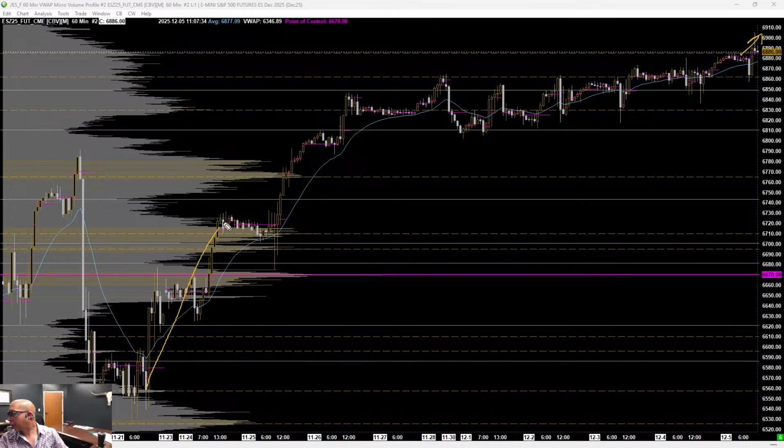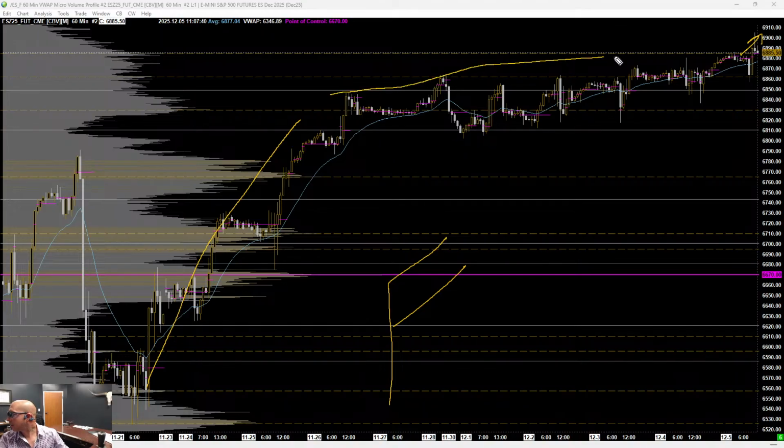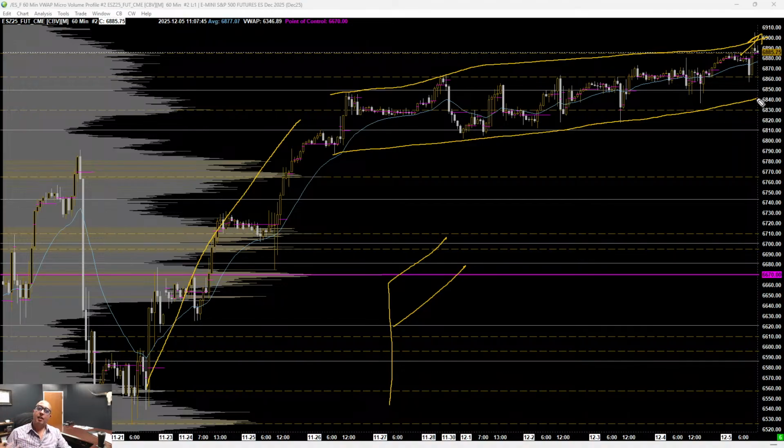So we have the push up into what? Spike and channel, like we talk about. We're still making higher highs and higher lows at the same time. But I would say this: whenever you get these rotations in a spike and channel, this doesn't go on forever. This doesn't just keep going like this.